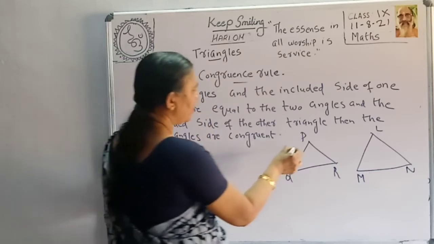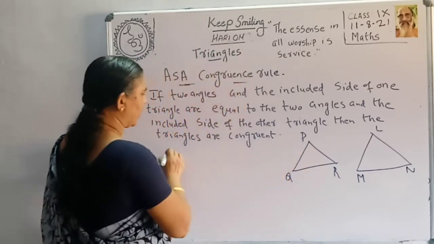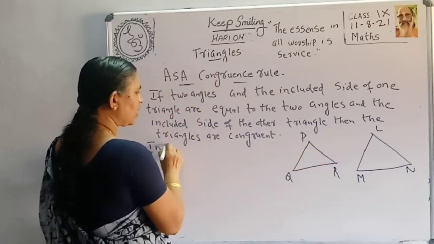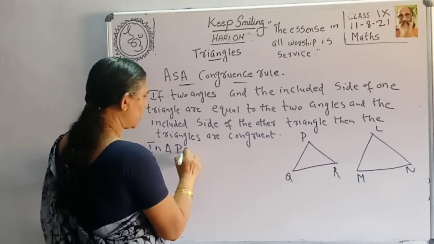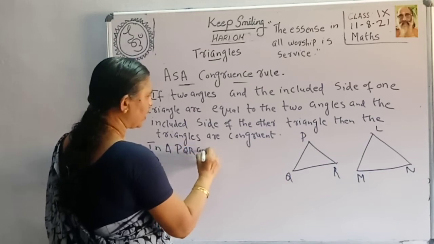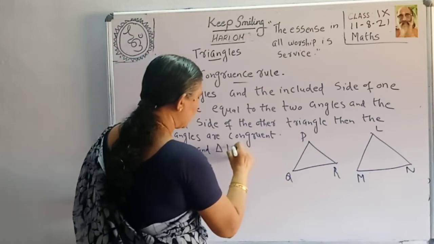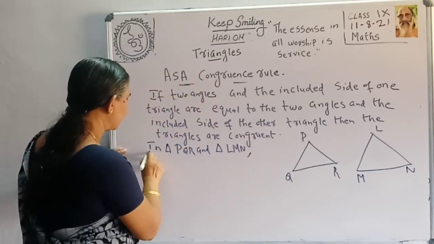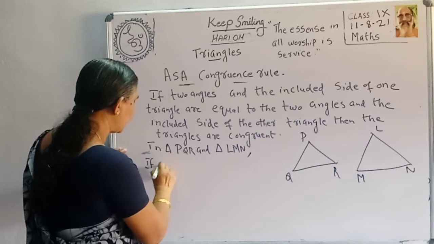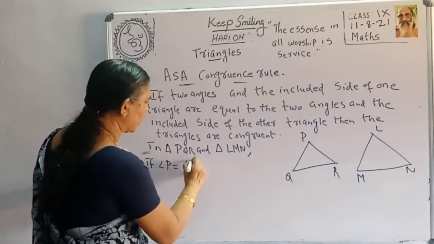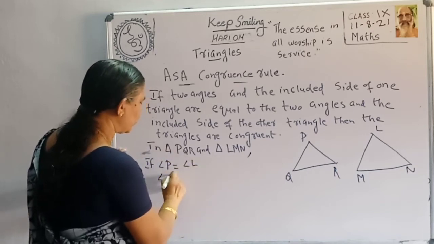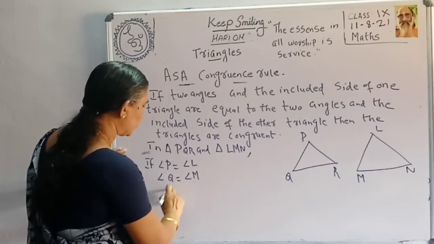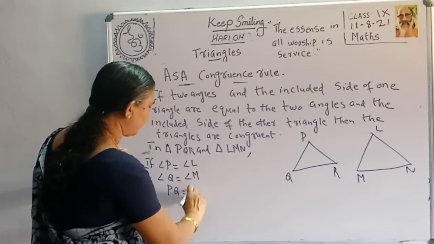Here we can take angle P and angle Q. In triangle PQR and triangle LMN, if angle P is equal to angle L and angle Q is equal to angle M, then PQ is equal to LM.